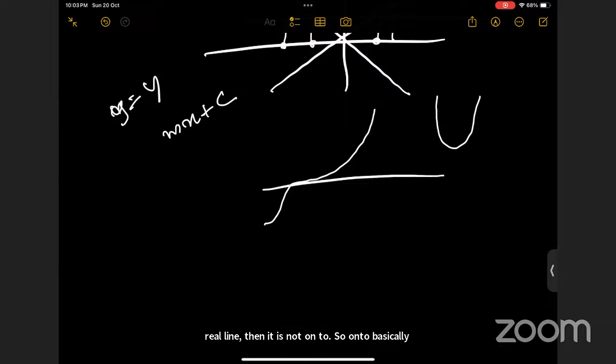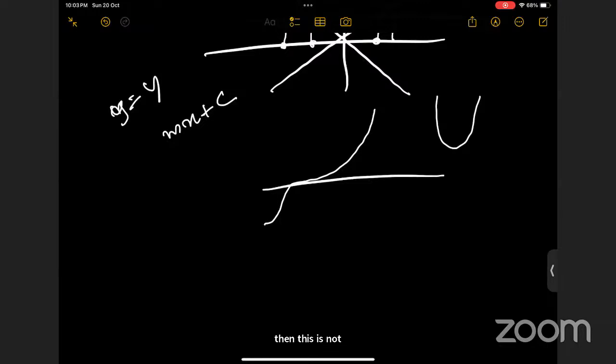If the codomain is equal to the range, then it is onto. And if the range is a proper subset of the codomain, which is the general case, and there is any value which remains uncovered, then it is not onto.